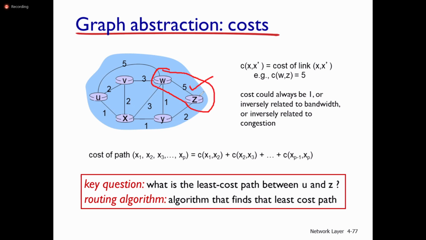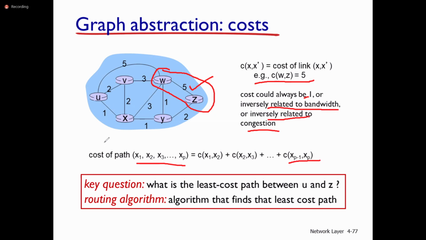The cost is usually inversely related to bandwidth, or directly related to congestion. The cost of a path from x1 to xp is simply the cost from x1 to x2, plus the cost from x2 to x3, and so on, up to the cost from xp-1 to xp.